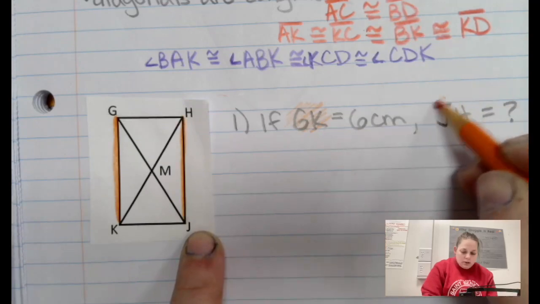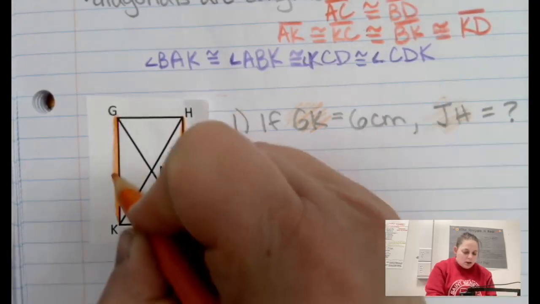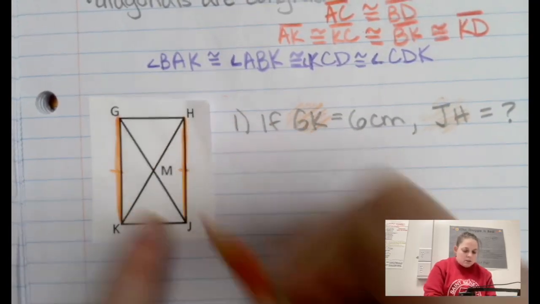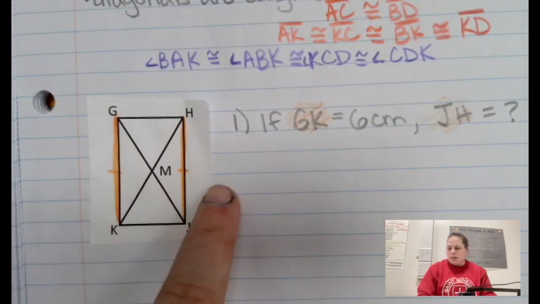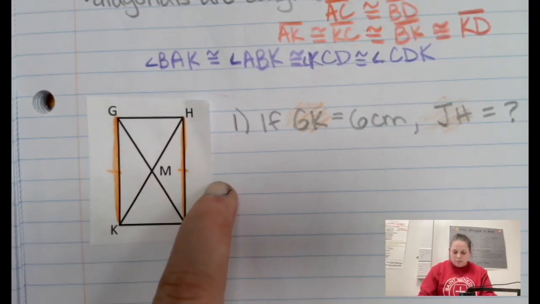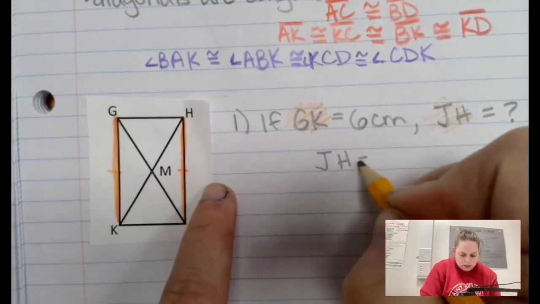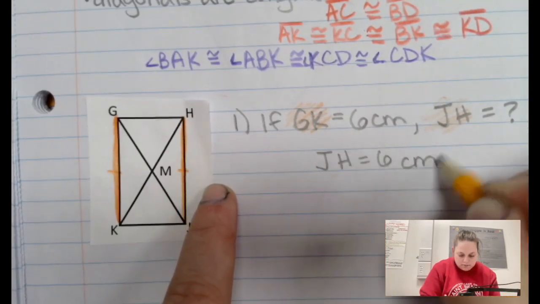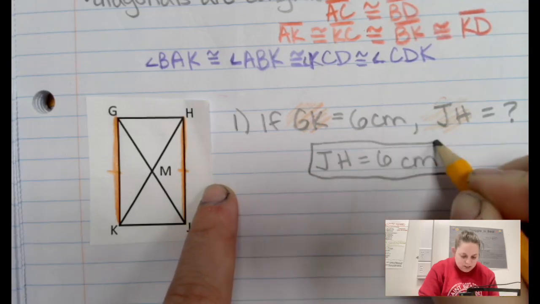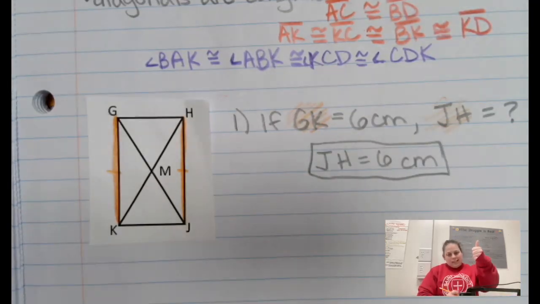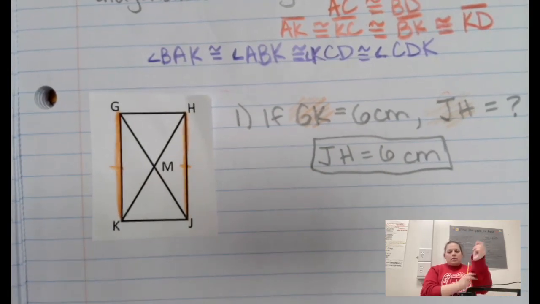And we know in a rectangle, opposite sides are the same. So if this side is 6, this side is also 6. So JH equals 6 centimeters. Done. Crushed it. All right, that was our easy one.